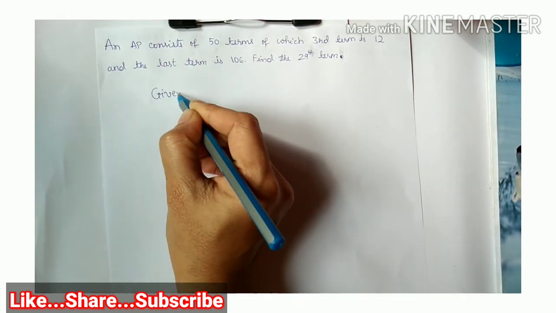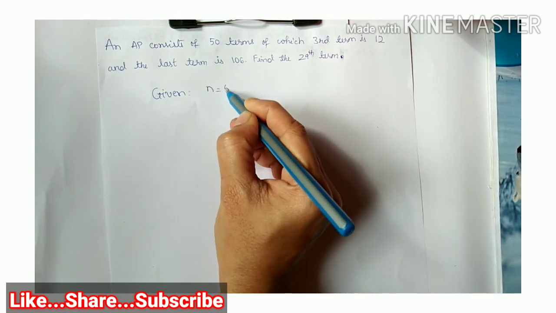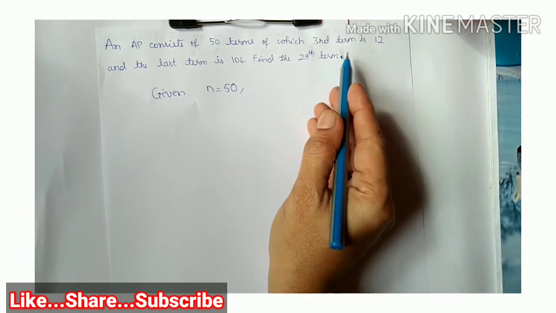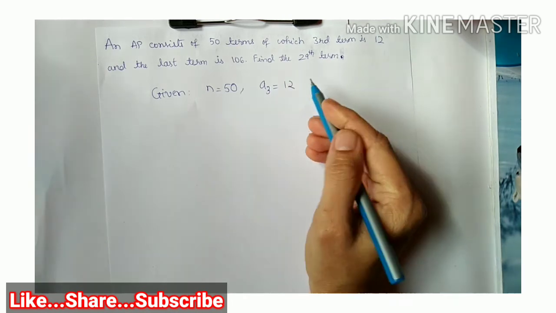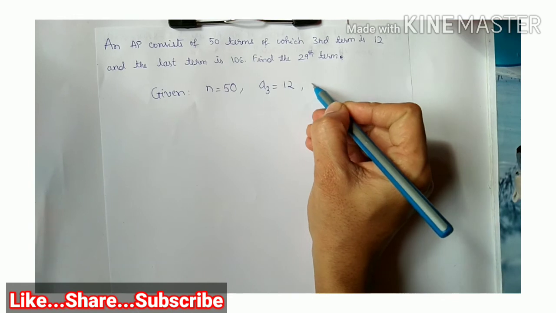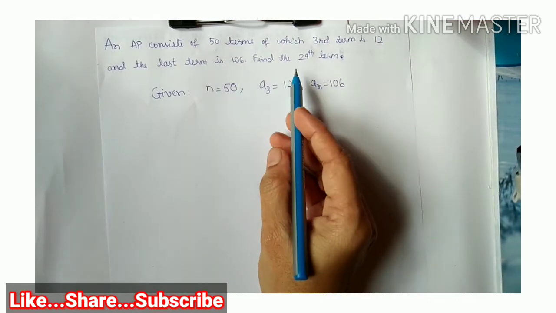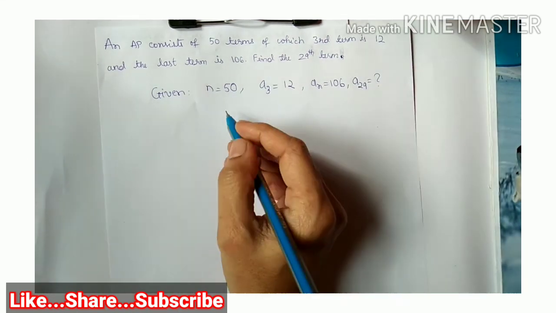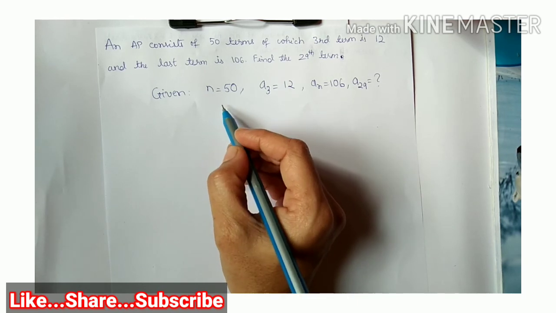Given: number of terms n is equal to 50, third term a3 is equal to 12, and the last term an is 106. Find the 29th term, a29 is equal to how much?